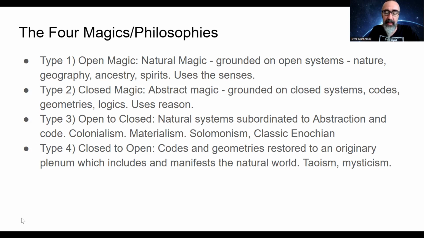So type 3 and type 4, and I prefer type 4 because type 3 puts the cart before the horse, and type 4 basically allows abstraction to be a phenomenon within the open field. Okay. Excuse me.